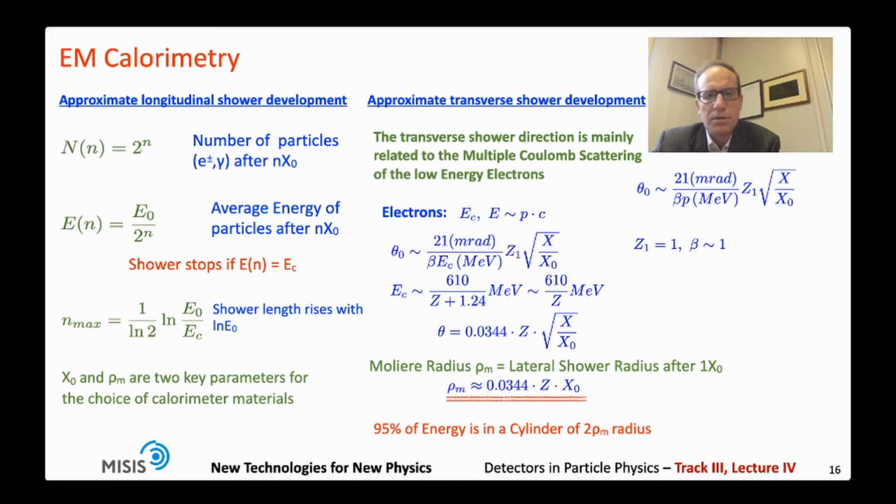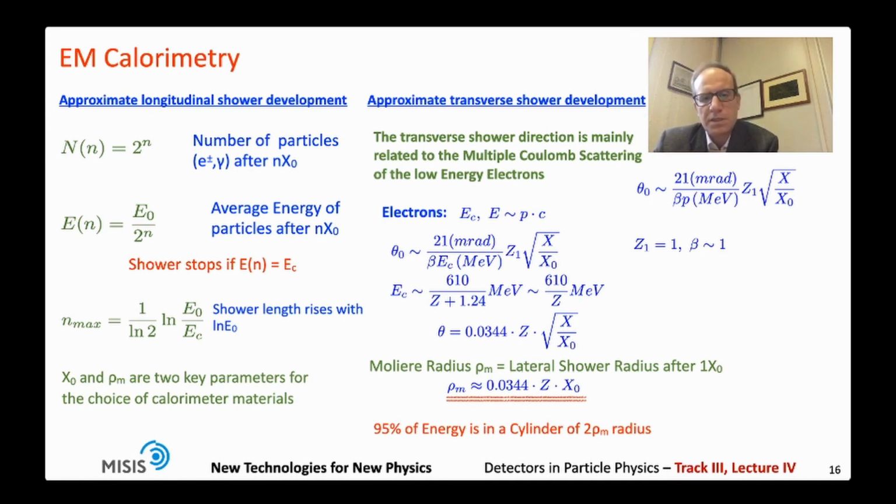The angular deviation is inversely proportional to the momentum of the particle, and therefore if you use this formula, you end up with the Molière radius, which describes the lateral development of the shower.